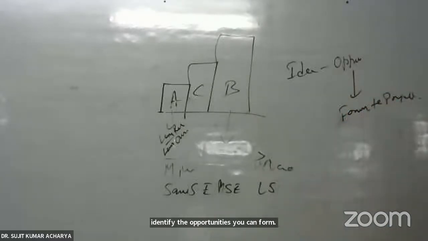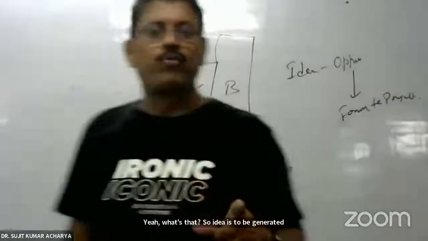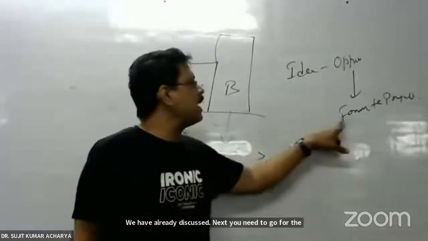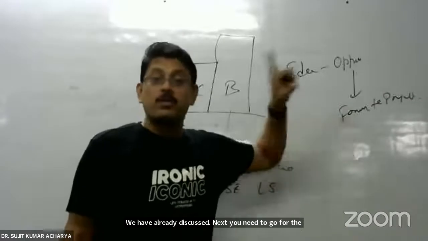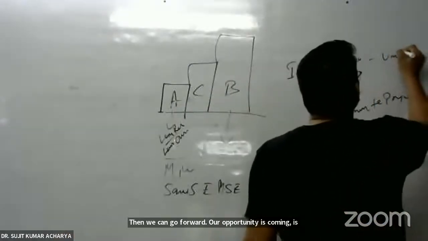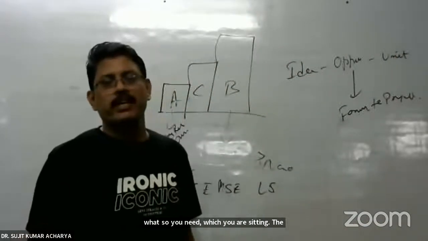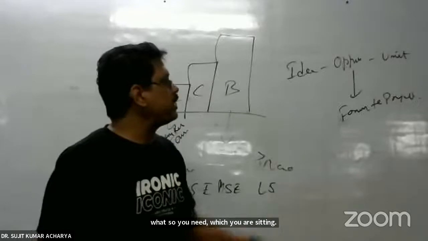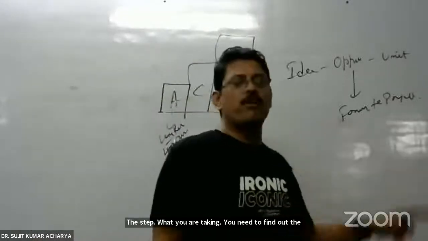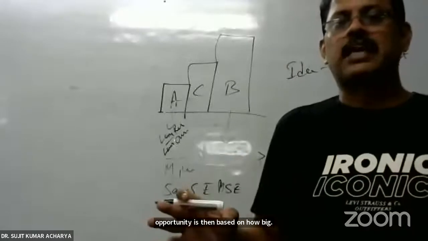So idea is to be generated, we have already discussed. Next, you need to go for the opportunity scanning, which is related to the unit which you are setting. The step you are taking, you need to find out the opportunities, then form the project. Now, there are several obstacles.